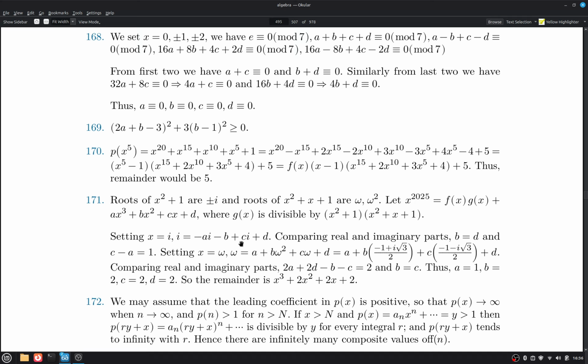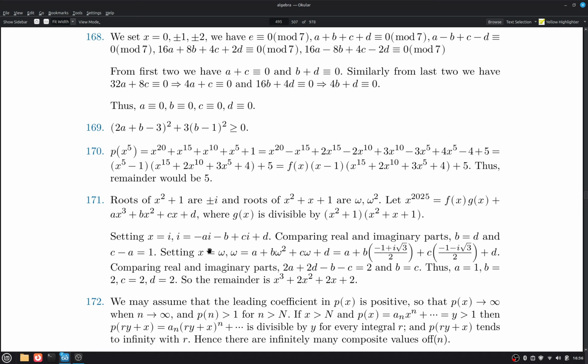If you substitute i in x to the power 2025, it would become i. Now we compare the real and imaginary parts. The real part would be 0, so b is equal to d. And the imaginary part would be c minus a is equal to 1, which is the imaginary value of this.